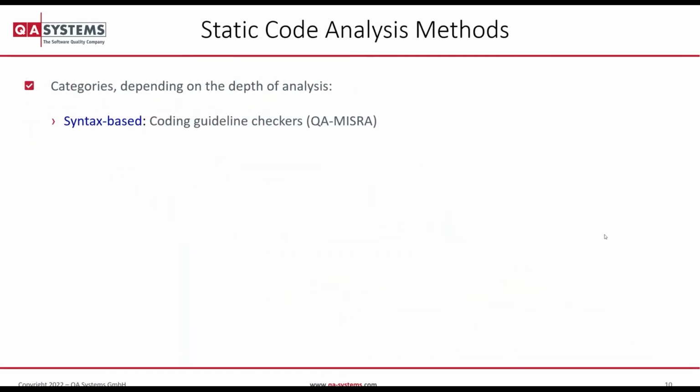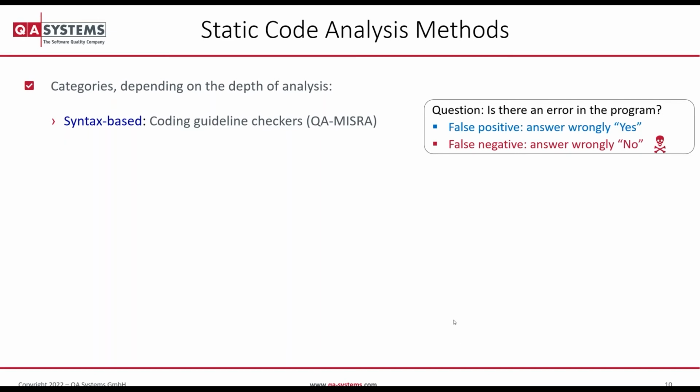There are different static code analysis methods, and the categories depend on the depth of the analysis. We have syntax-based analysis methods. They are very good for coding guidelines checking, like QA-MISRA. These guidelines are mostly syntax-based.